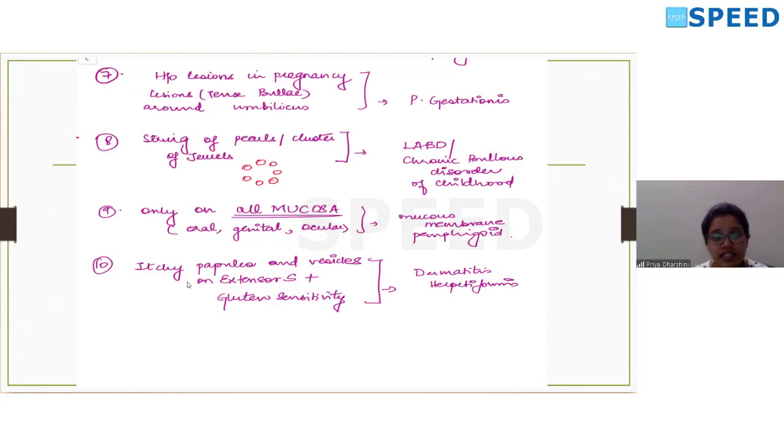And next clinical scenario, itchy papules. Itchy papules and vesicles on the extensor surface with gluten sensitivity. In such a case, gluten sensitivity points towards something related to gluten intolerance. This occurs only in the condition called dermatitis herpetiformis, which is associated with itchy papules and vesicles.